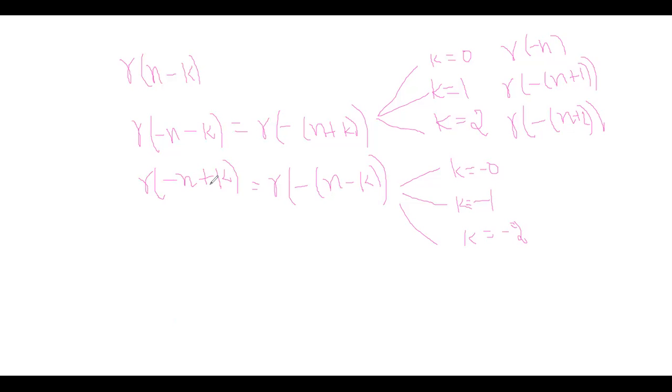K is equal to minus 1 means minus n minus of the minus value, and so on. And for k is equal to minus 0, minus of minus you can take as a plus. In this we substitute k as minus 1.